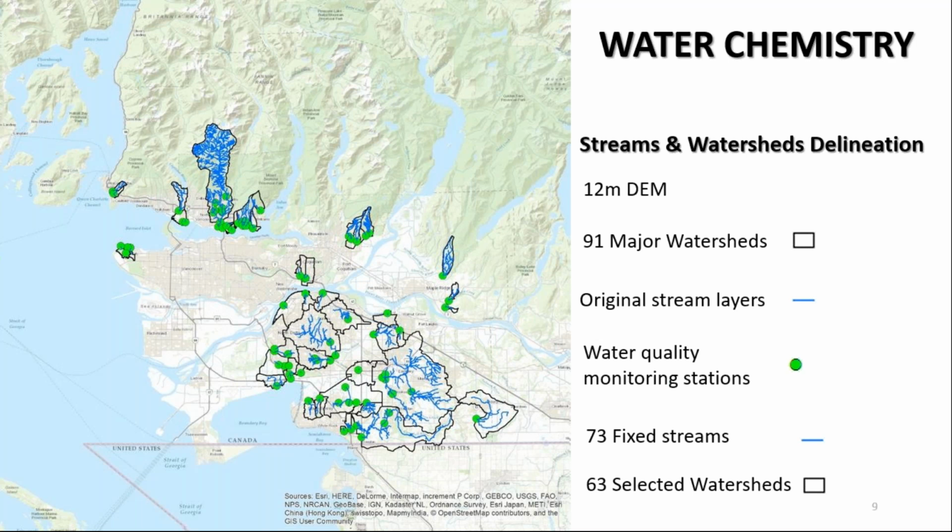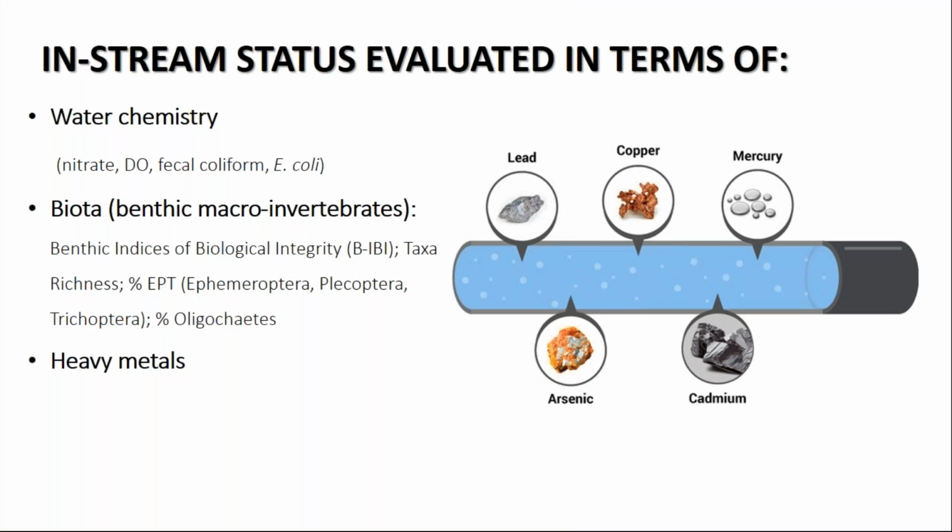They were choppy and blocked apart. In some cases, the stream layer didn't quite match the high resolution imagery because it was digitized too far to the left or the right. So there's quite a bit of error correction that we had to do. Ultimately, we ended up with a sample size of 63 streams and their associated watersheds.